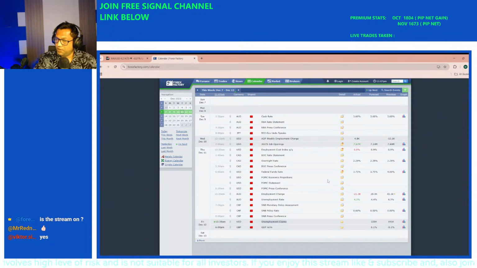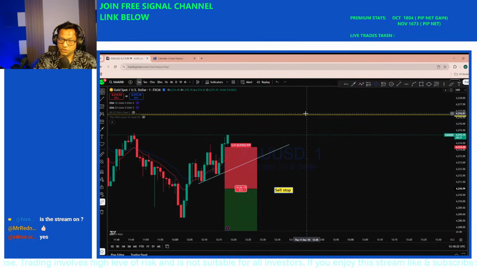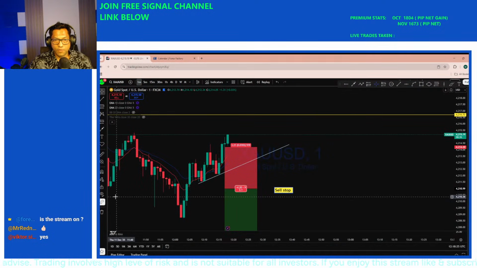And also coming up in nearly an hour, there is a very important unemployment claim. So if our trade is not triggered, then we will be waiting for the data to come up to see what is coming.